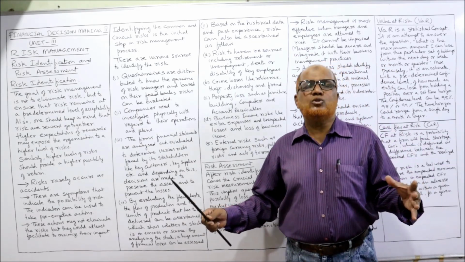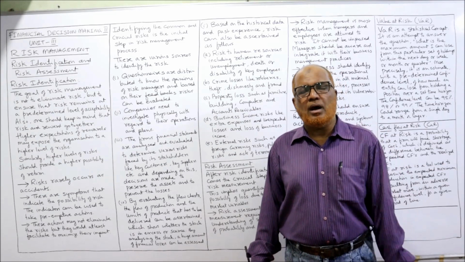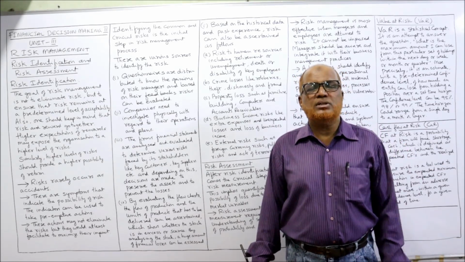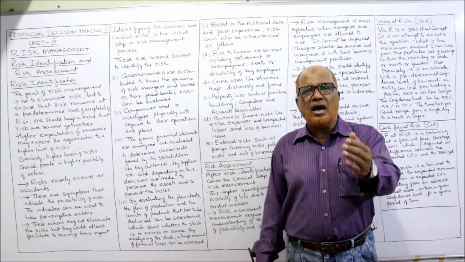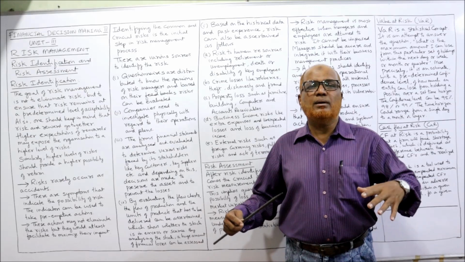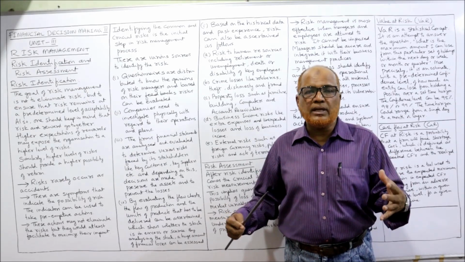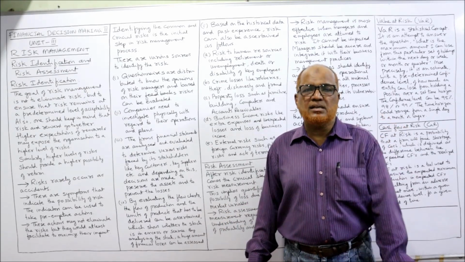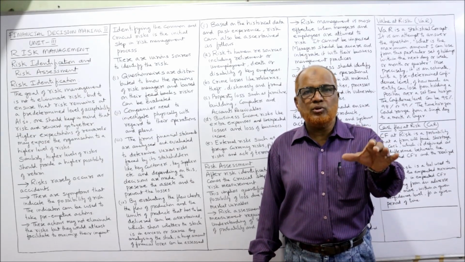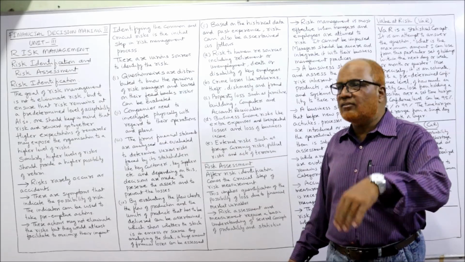In every management, risk managers should be appointed and the questionnaire should be distributed among them to get feedback, so that we can make a plan for protecting the business against the risk. So the first thing is making the questionnaires, distributing them among the risk managers and getting the feedback.